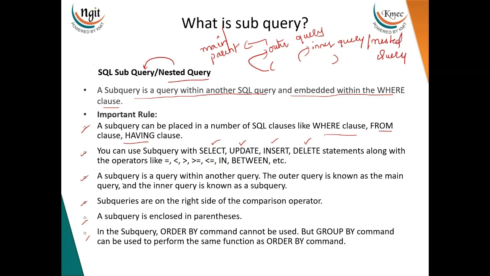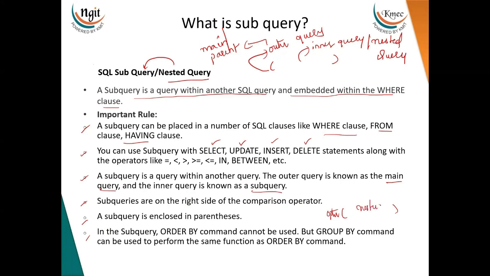Third one, a subquery is a query within another query, as we have discussed above. The outer query is known as the main query or the parent query, and the inner query is known as the subquery or the nested query. Subqueries are on the right side of the comparison operator. So whenever you are writing a subquery or a nested query, that query is present after the operator symbol.